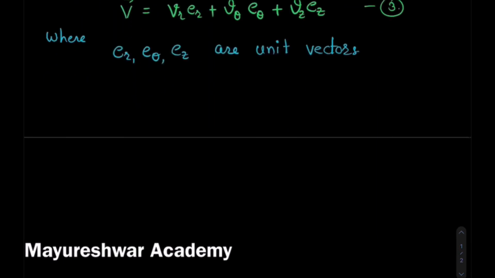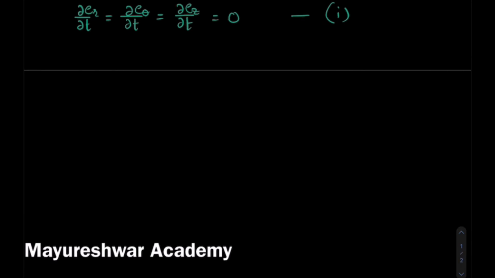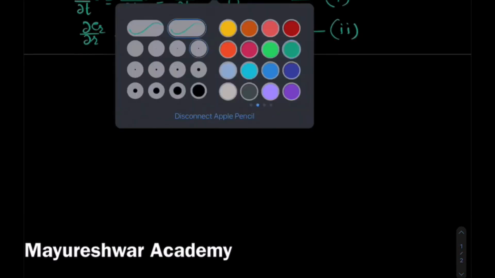Let us now introduce the operators which are operating on these unit vectors, their rates. First is with respect to time. All these unit vectors with respect to time, their differentials are 0. This will be proved in another separate video. Along the r direction, the rate of change is again 0.